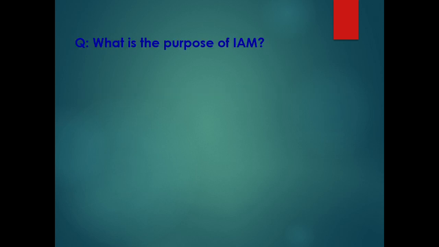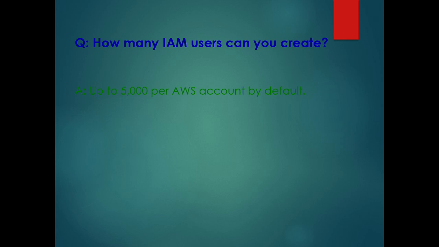What is the purpose of identity and access management? To manage user identities and their permissions. How many IAM users can you create? Up to 5,000 per AWS account by default.